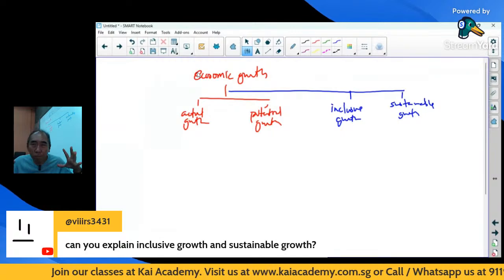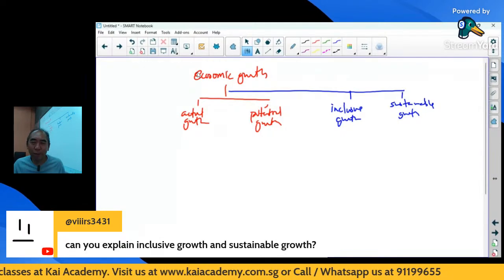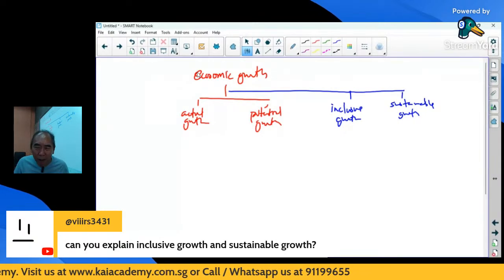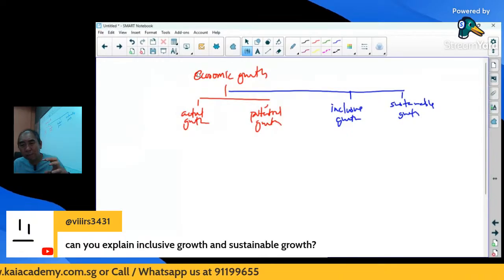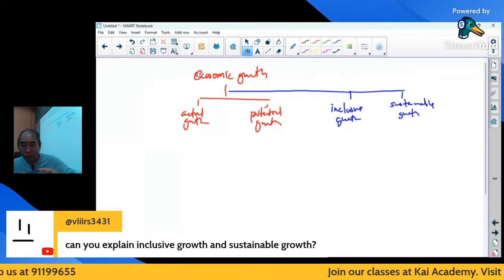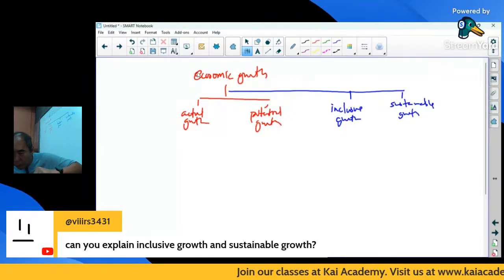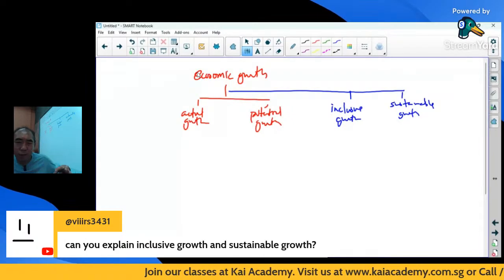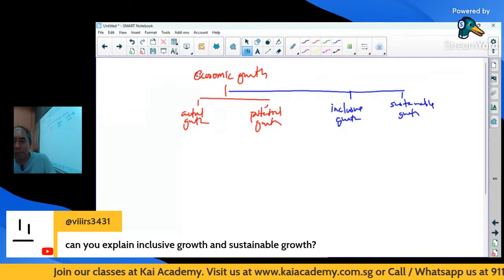Good libraries where people can get information, affordable high-speed internet. All these are what we focus on to create a more inclusive society, such that when we achieve economic growth, we try to do it in a way where we bring up the masses.